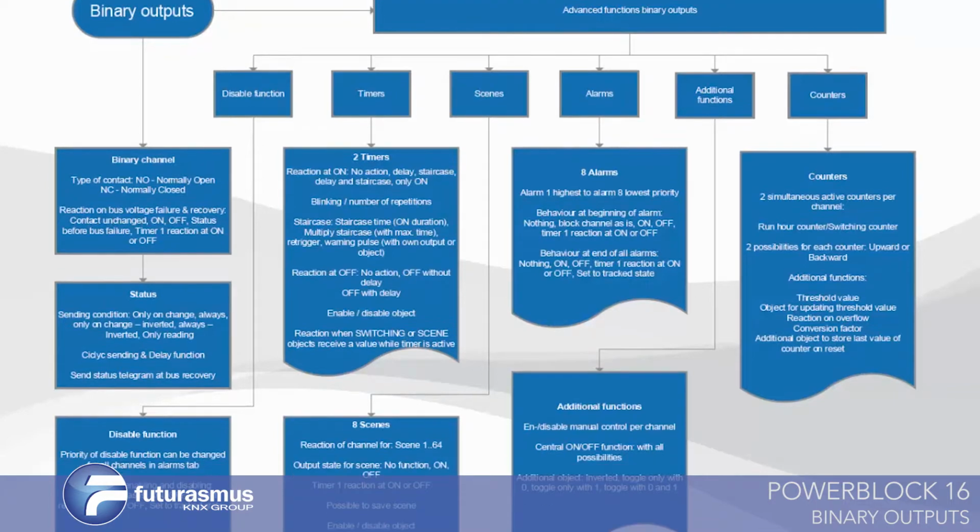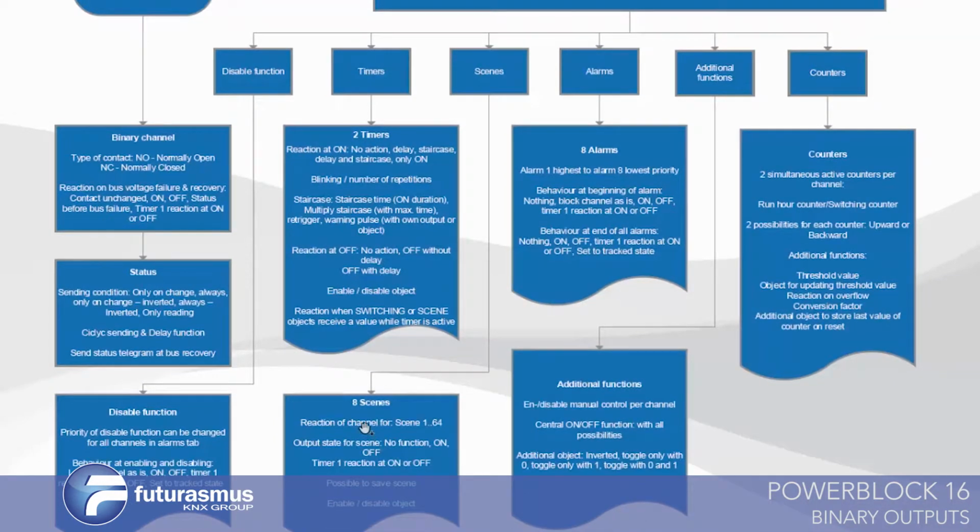Then you also have 8 scenes which you can configure per output. This is additional to the scene module. We will later have a look at the advanced functions. We've got a basic scene module and an advanced scene module.